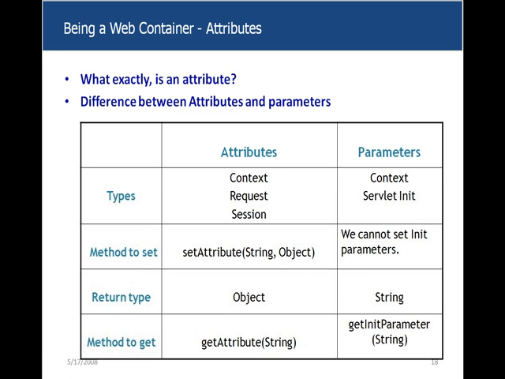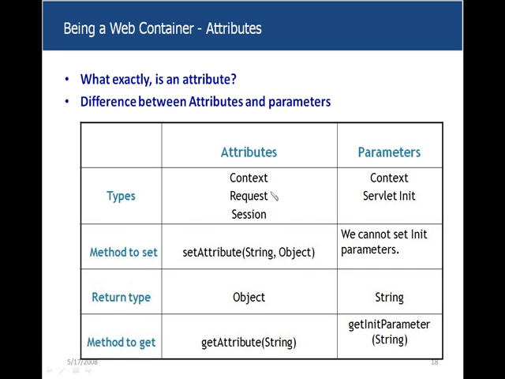parameters, initialization parameters? Number one, what are the types of attributes you can have? You can have context attributes, request attributes, and session attributes. This says something about the life of the attributes.